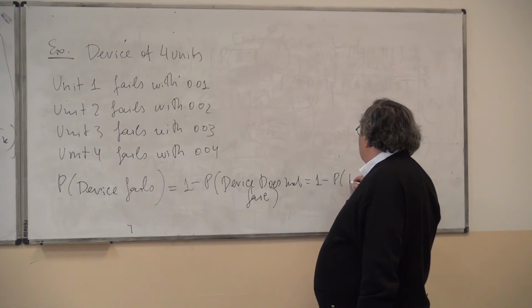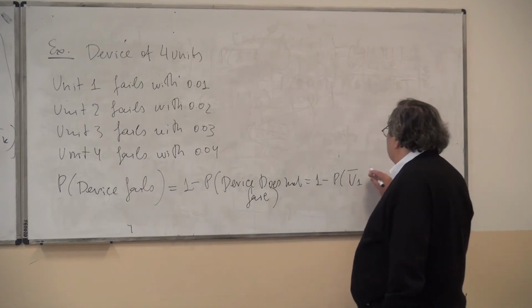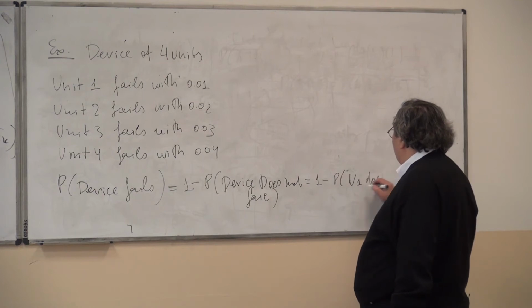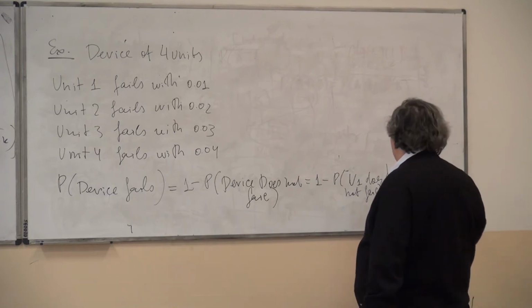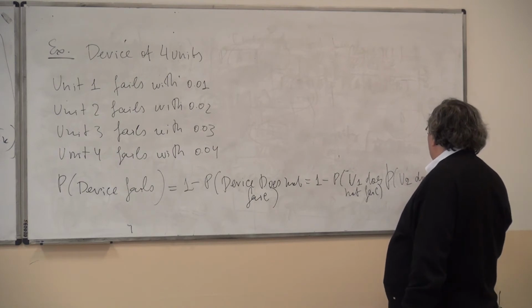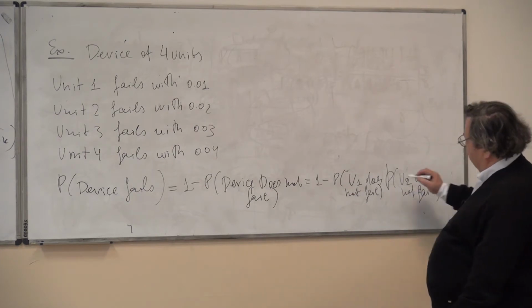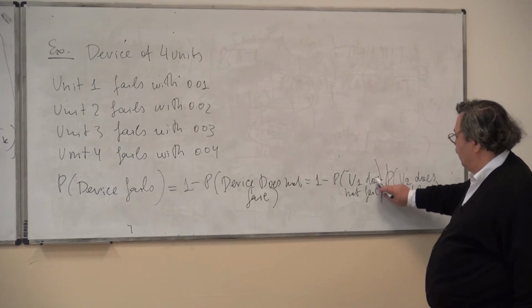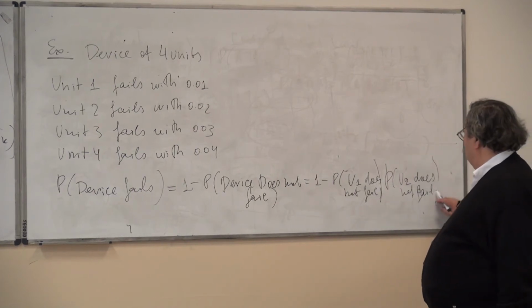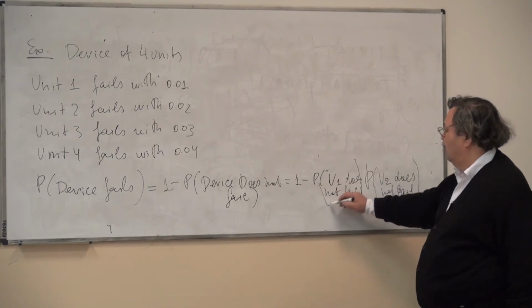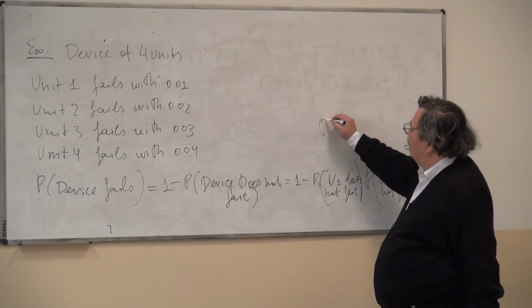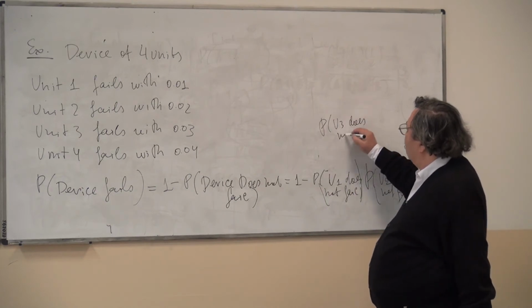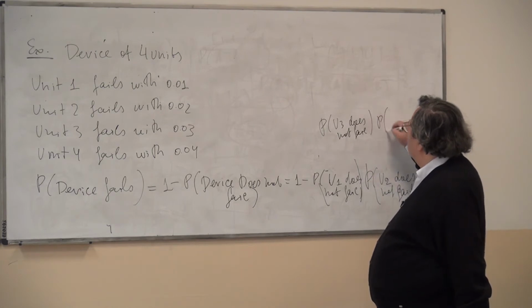Probability that unit 1 does not fail, probability that unit 2 does not fail, and probability that unit 3 does not fail, and probability that unit 4 does not fail.